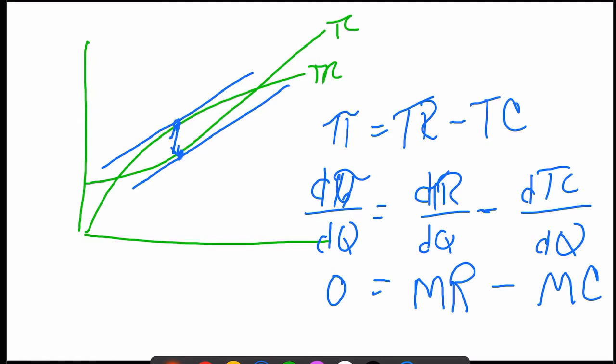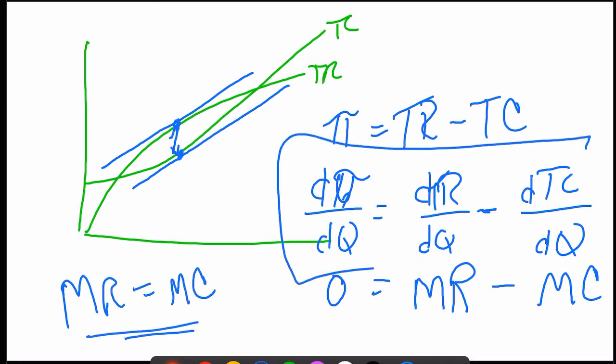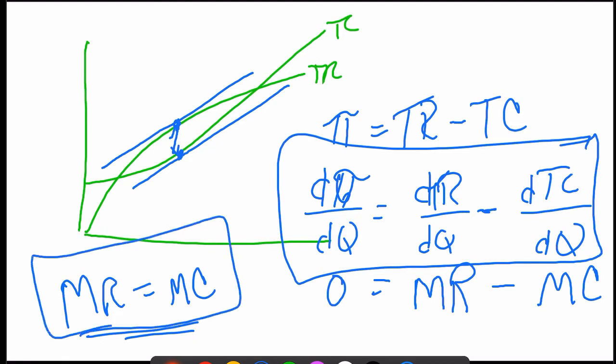And so if 0 equals marginal revenue minus marginal cost, marginal revenue equals marginal cost. And a little bit of calculus shows us that the maximum profit point is where marginal revenue equals marginal cost, which hopefully you've learned a bunch of times.